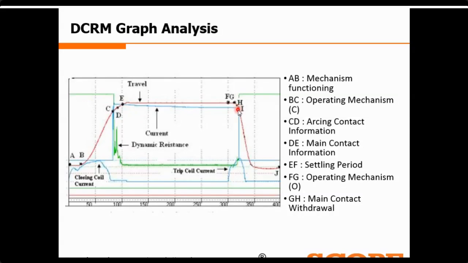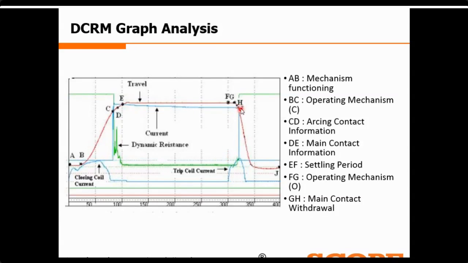At point H, the main contacts are separating from each other, but the arcing contacts remain in closed position. The signature between H and I indicates the healthiness of the arcing contacts. Any abnormal bounces during this period will indicate the erosion or the misalignment of the arcing contacts. Now at point I, the arcing contact separation is happening, and the resistance value, you can see again, will be very high.